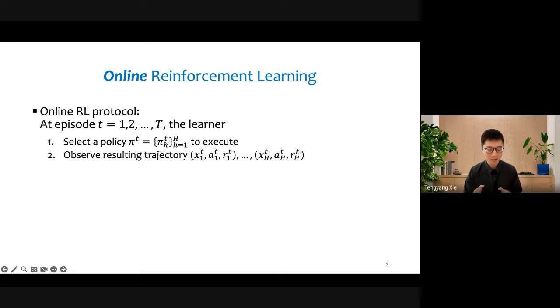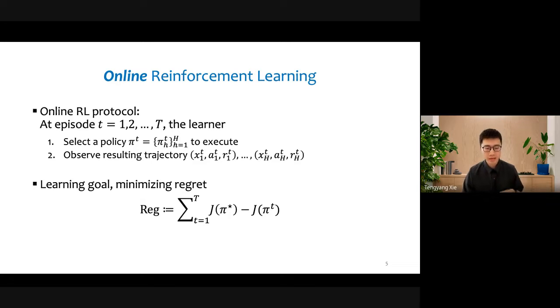At each episode, from 1 to capital T, the learner first picks a policy pi_t and then executes it. The learner also receives new data, which is the resulting trajectory. The learner can use the new data or all existing data to pick another policy and repeat, and so on and so forth. The learning goal of online reinforcement learning is to minimize the regret, which is the sum from 1 to T of the gap between pi star and pi_t, to be as small as possible.